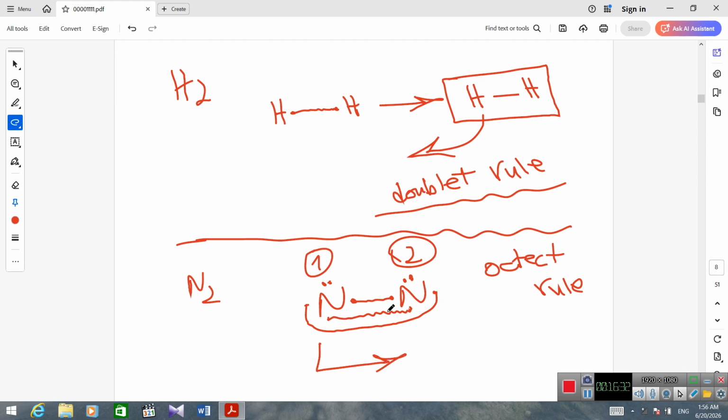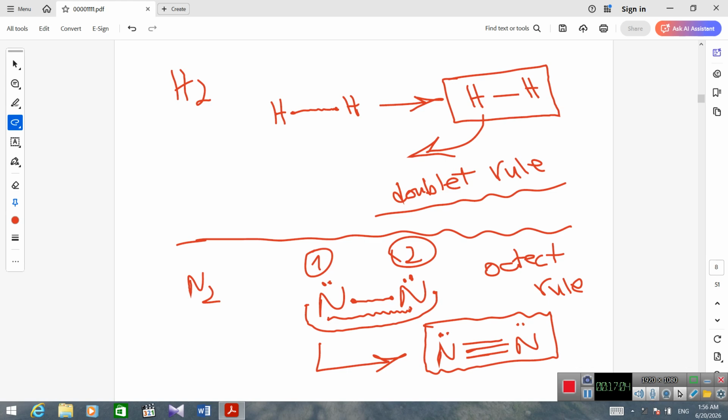As a result, the Lewis structure of nitrogen gas N2 is N, one electron pair, and a triple covalent bond, and another nitrogen and another electron pair, and we can draw the Lewis structure of nitrogen gas as you can see.